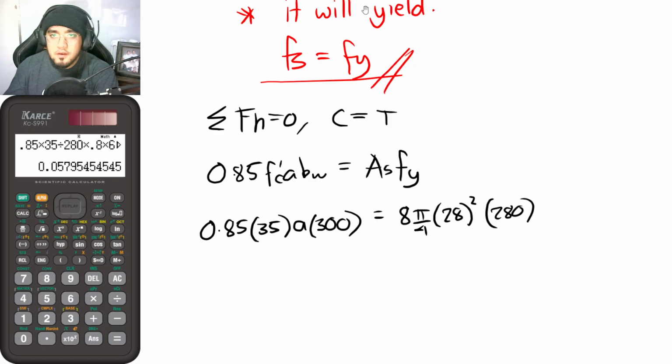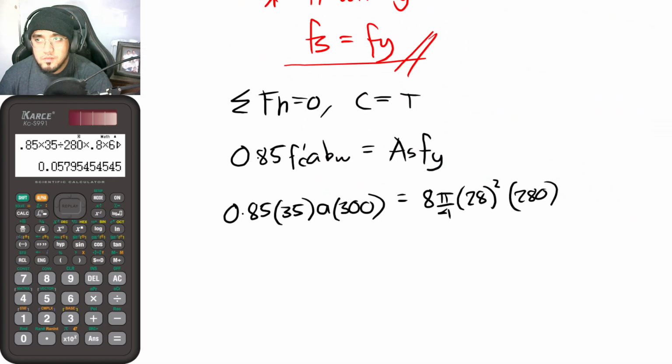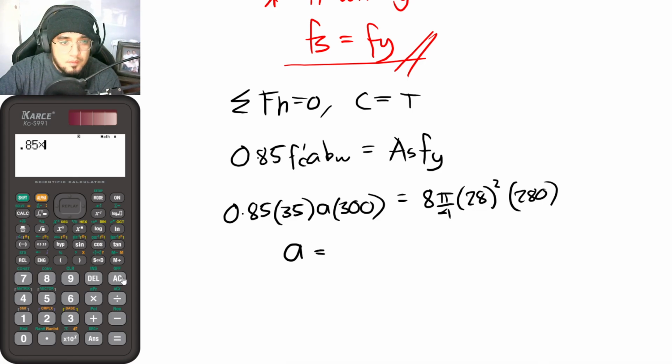Let me check if all of them are correct. 8 pieces, 28, 35, 280. Solving for the value of A, this is now equal to 8 times pi over 4 times 28 squared times 280 divided by 0.85 times 35 times 300.